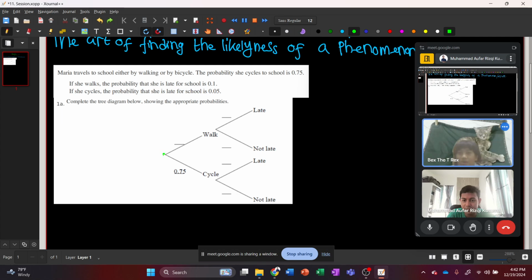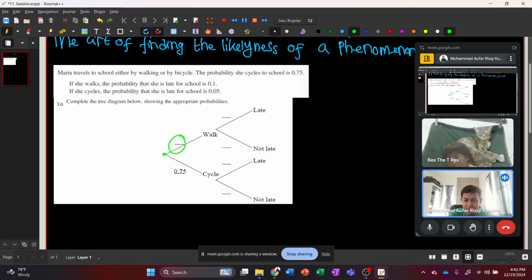Is it 100% to 0.75? Yes. Okay, good. Let's complete this diagram.